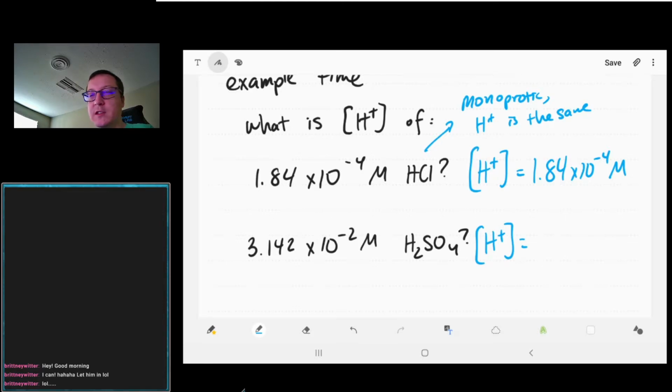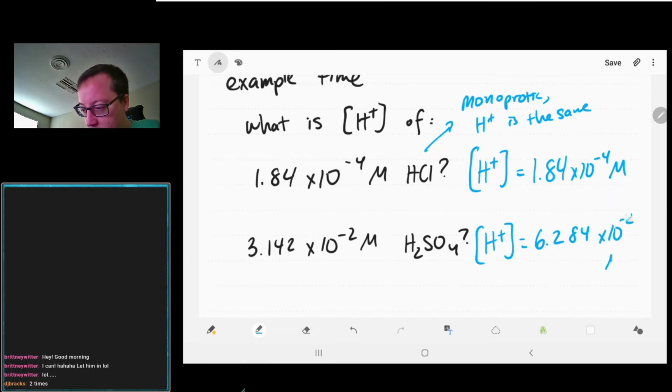What about for our sulfuric acid there? What is the concentration going to be? Yeah, it's 2 times it, right? So it'll be 6.284 times 10 to the negative 2 molarity. Easy. Just twice as big.